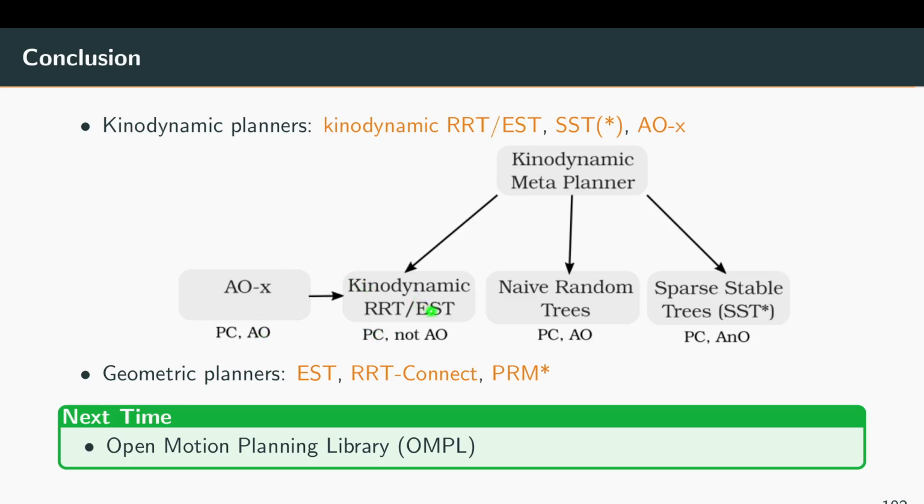EST we haven't really discussed yet, but that will come, as I said, in 2 weeks. And then next week, Andreas is going to give a lecture on the Open Motion Planning Library, which is a library that is used both in academia, or it started in academia, but it's also now used in industrial settings.